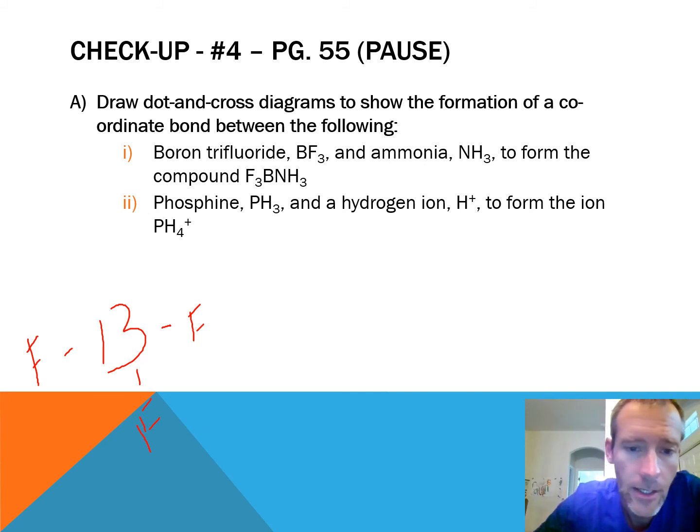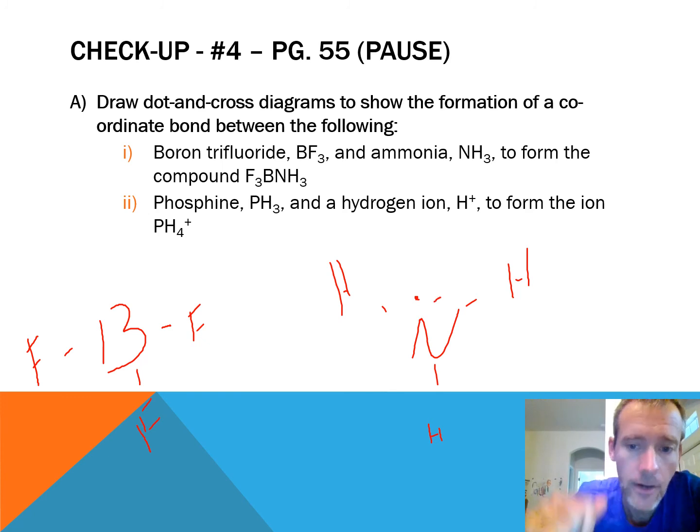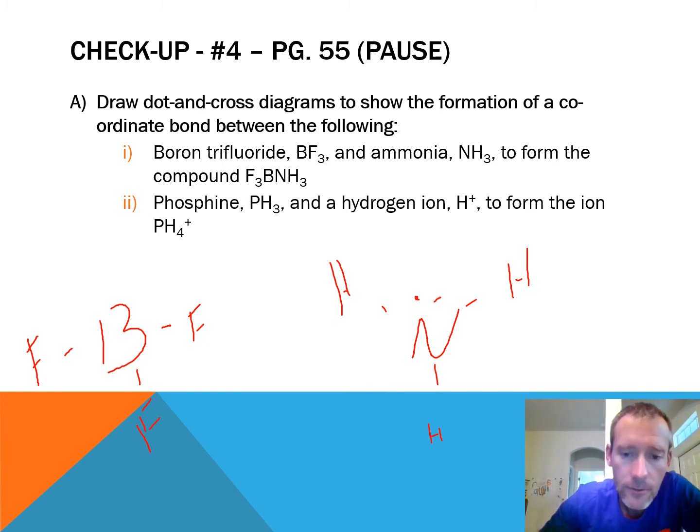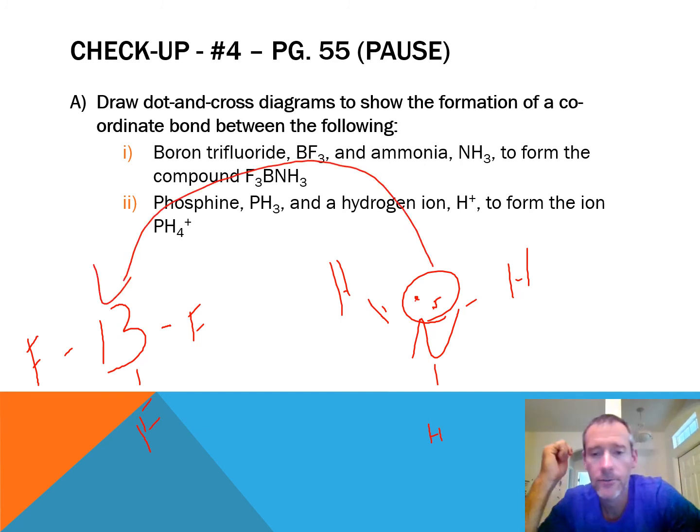Okay, and NH3 has 3 hydrogens with a lone pair. Okay, it's not very clear. Pair, pair. All right, so here is that coordinate bond, and that's going to come in and make a bond with boron. Okay, so I'm clear.